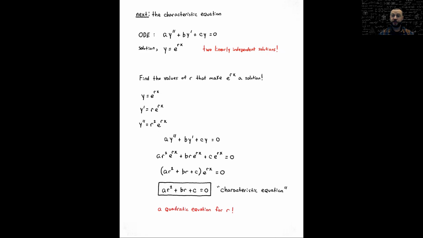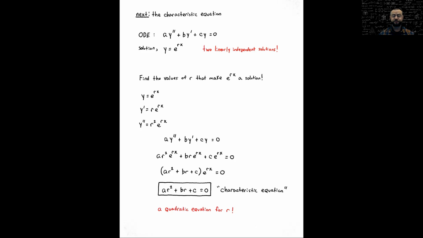So for our differential equation above, the one with constant coefficients, this is referred to as that differential equation's characteristic equation. And it is deceptively simple. We're trying to solve for r. This is merely a quadratic equation for r. And think, quadratic equations at this point in your coursework, those are extremely simple to solve.